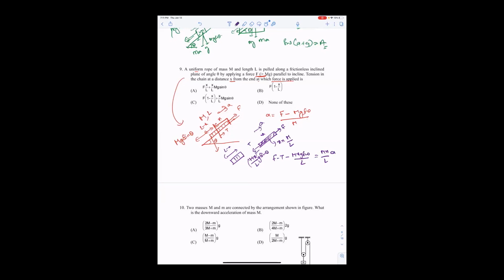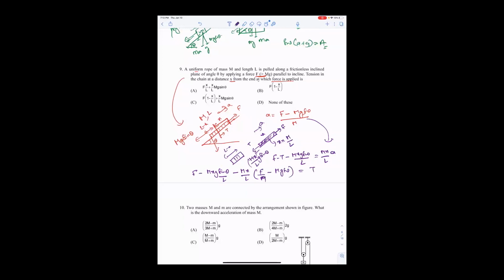Now what is the acceleration? This one you have to substitute and solve it, so you'll get the tension. So F minus mxg sine theta by L. This A comes this side, so minus mx by L into acceleration, which is F by m minus g sine theta, is equal to tension.